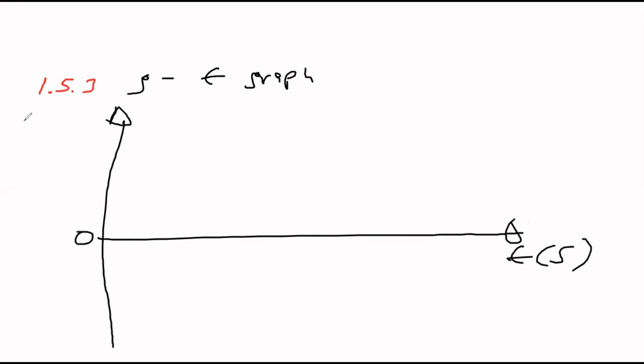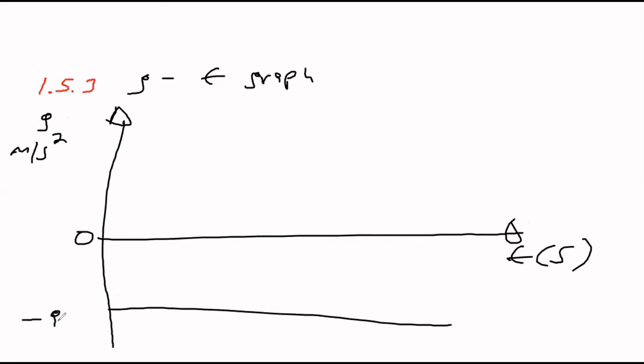Along the y-axis, we have acceleration measured in meters per second squared. So downwards is taken as negative. So the acceleration here is negative 9,8. And at the end, of course, the time is 3,72. Okay, that is the sketch for the acceleration time graph.